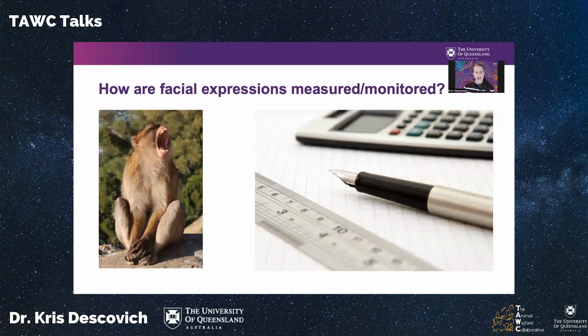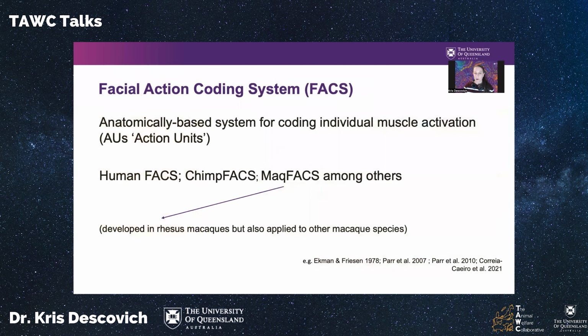Okay, so firstly, how do we actually measure and monitor facial expressions in animals? There are several different ways that we do that. The first system that you might come across for measuring facial expressions is called the Facial Action Coding System, or FACS. Now, FACS is an anatomically based system for coding individual muscle activation in the face. And these muscle activations we call action units and action descriptors.